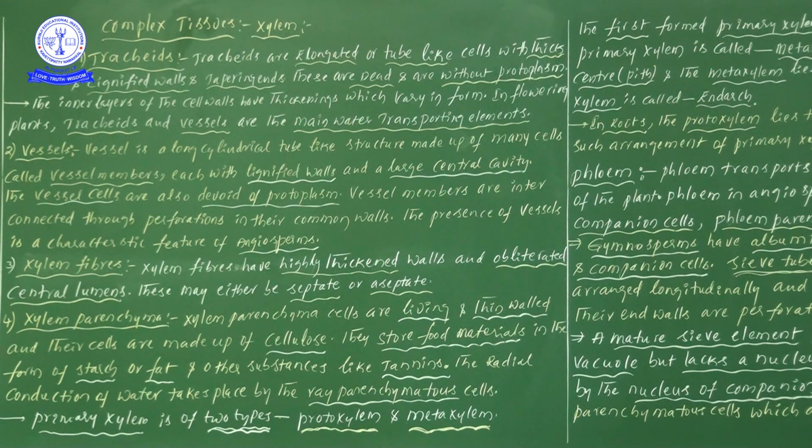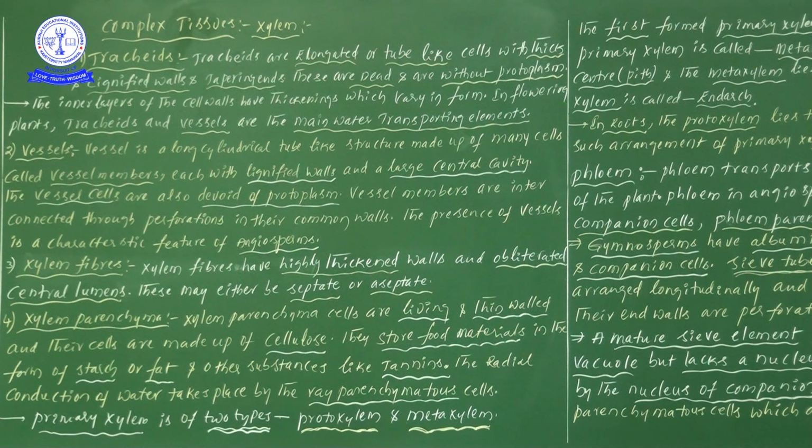Perforations are holes. I have drawn a diagram of this in previous videos for a fiber. Likewise here also, vessel members: once you see them, they are long cylindrical tube-like structures. Try to think of it in your mind.